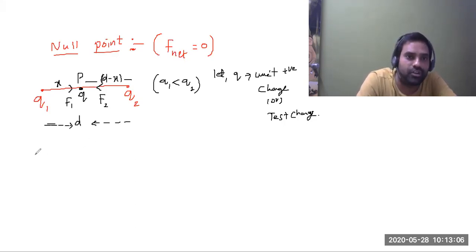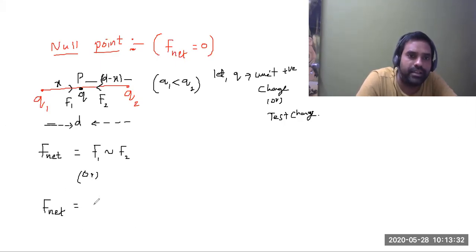Therefore, see students, if you want to write the net force on the point P, you can write it as the difference of F1 and F2, or simply you can write it as F2 minus F1. Suppose F2 is greater than F1.